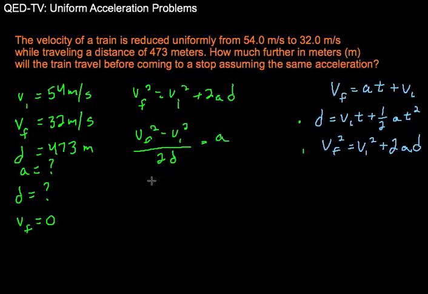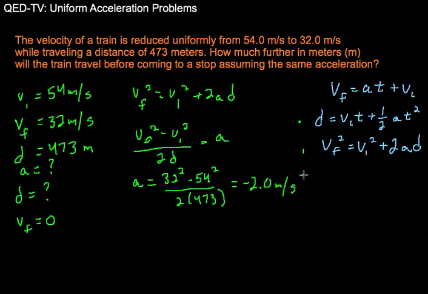So acceleration would equal 32 squared minus 54 squared, all over 2 times 473. And if we do that on our calculator, we'll see that we get a negative 2 meters per second squared.